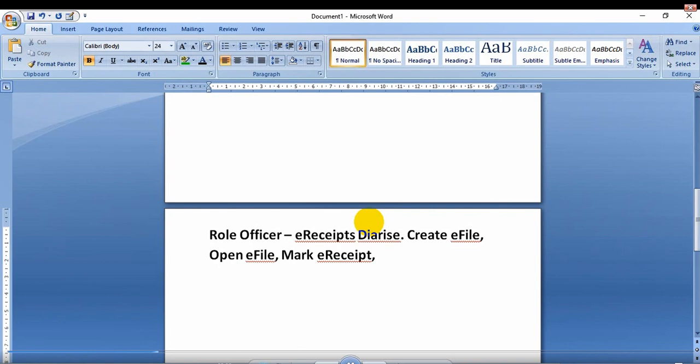So I will write sending of e-receipt here. Similarly, he can mark any e-file, right? So I'm writing marking of e-file, and also he can send the e-file to anyone. So I'll write send e-file. Oh sorry, e-file should be there.